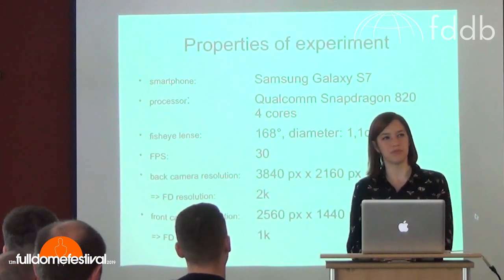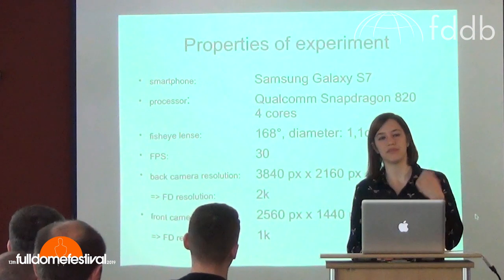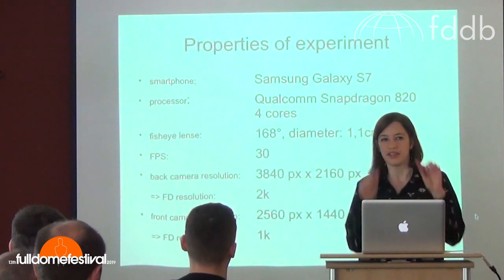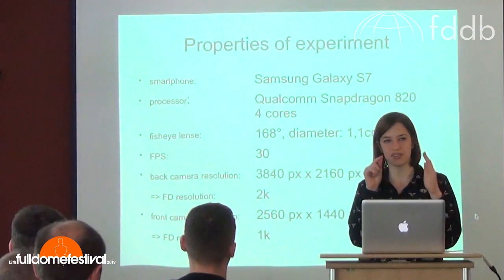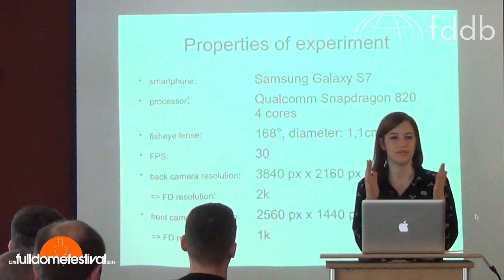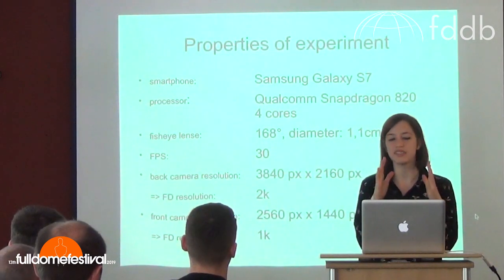What was a bit of a pity was that this fisheye lens didn't completely fit on the back camera. There are some small edges, really only 1 millimeter, but it's enough that the circle is cut.